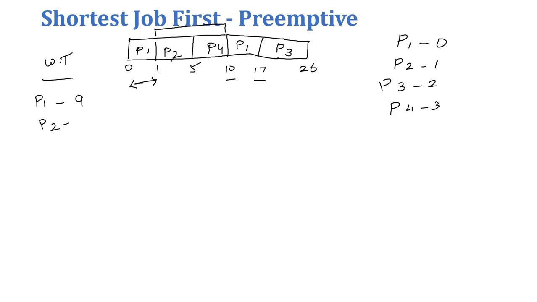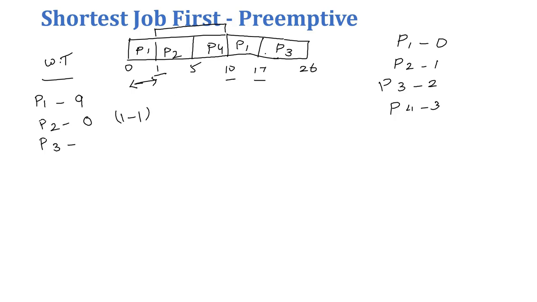Now P2 waiting time. P2 gets the chance to execute at the time of 1. Now we need to check the arrival time: P2 arrived at the time of 1. It gets the chance at time 1 and its arrival time is also 1, so it immediately gets a chance to execute. So 1 minus 1 is 0, and P2 waiting time is 0. Let's come to P3.